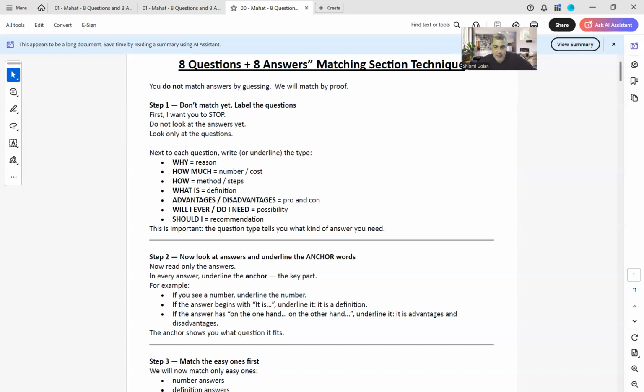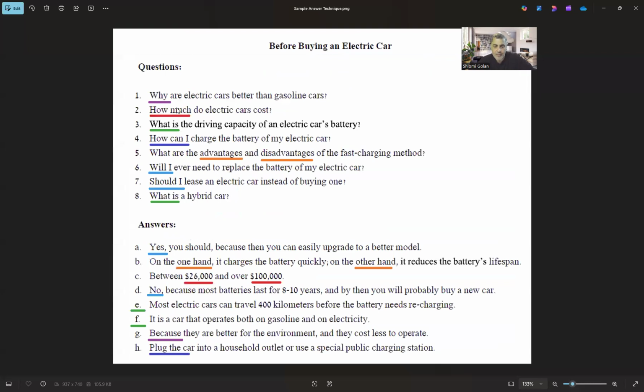Just like we have it here. Why? How much? What is? How can I? Advantages and disadvantages. Will I? Should I? What is? And the reason that we do it is because these specific questions have specific answers.